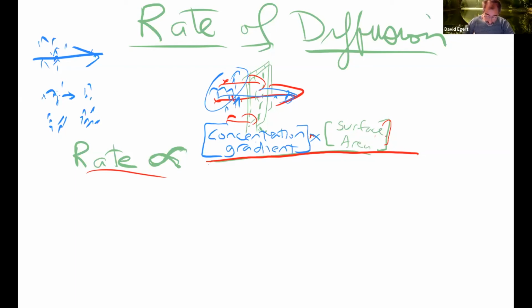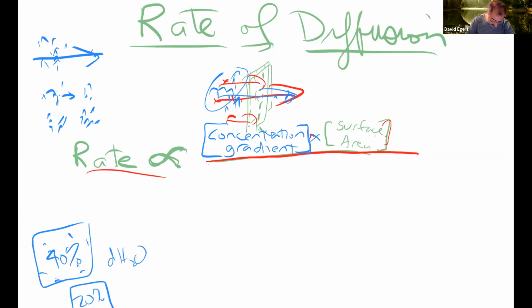So concentration gradient, again, in our lab today: if you have 40% sucrose inside the bag and distilled water outside, versus 20% sucrose in the bag, which one of these bags is going to have a higher concentration gradient across the membrane?